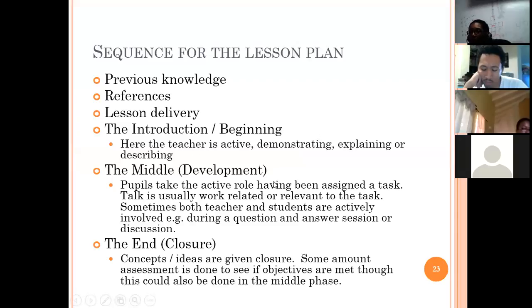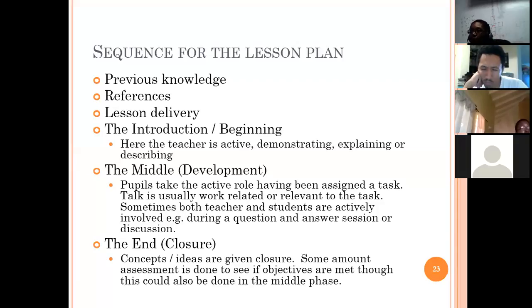The middle is where you're developing the concept. And it is here you'd first go to explore, then explain, then elaborate. And I'm saying that the end is where you would likely find the evaluation phase of your lesson.